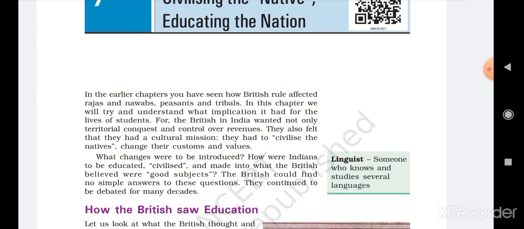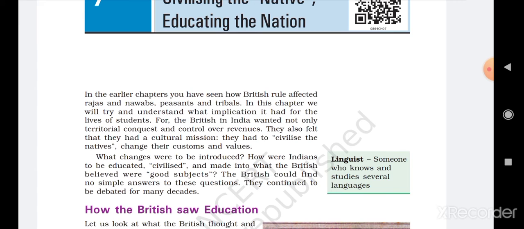In the first chapter we studied what colonialism is: a type of government in which the outside power that has conquered the country can change people's lives socially, economically, culturally, and ritually, in each and every aspect of life. That is why they now had a cultural mission, to civilize the natives and change their customs and values.